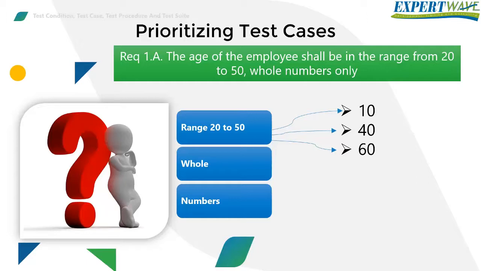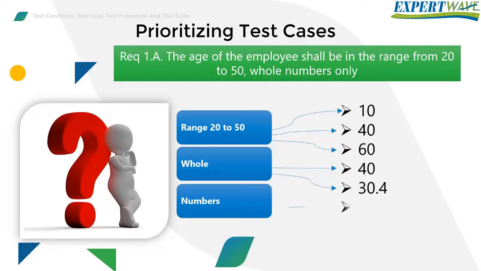The second test condition, whole, so whole numbers are valid, but non-whole numbers are not valid. So let's make sure our software does both. Let's try 40, which should be accepted by the software, and try 30.4, which should be rejected by the software. Last test condition, numbers.